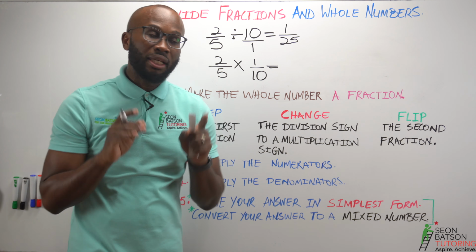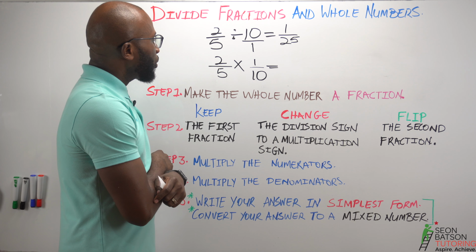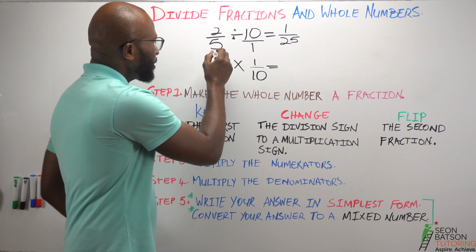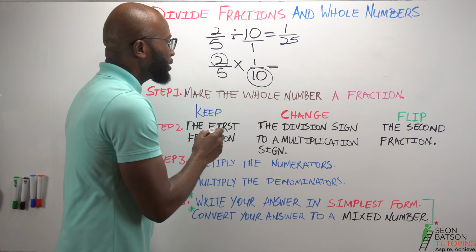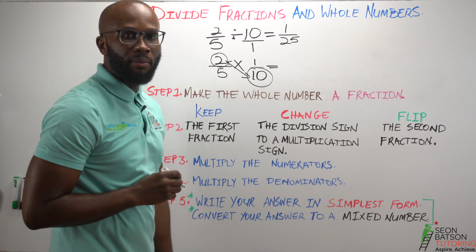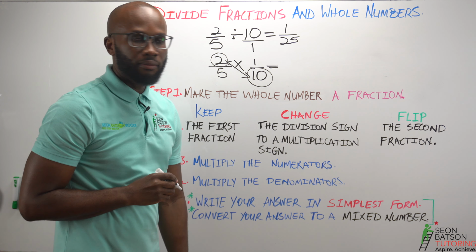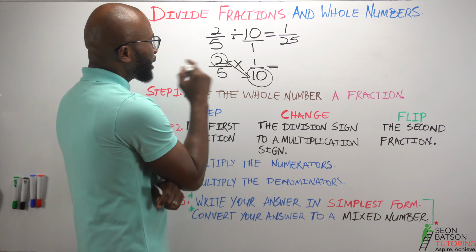If we want to simplify fractions before multiplying fractions, we can divide a numerator and a denominator that are diagonal to each other by their greatest common factor. Yes? In this example, we can simplify the 2 and this 10.